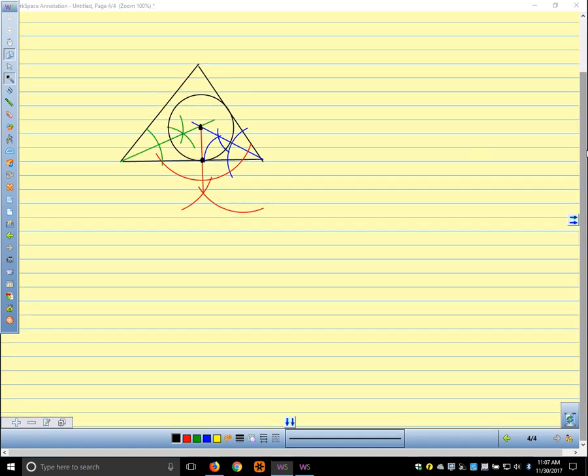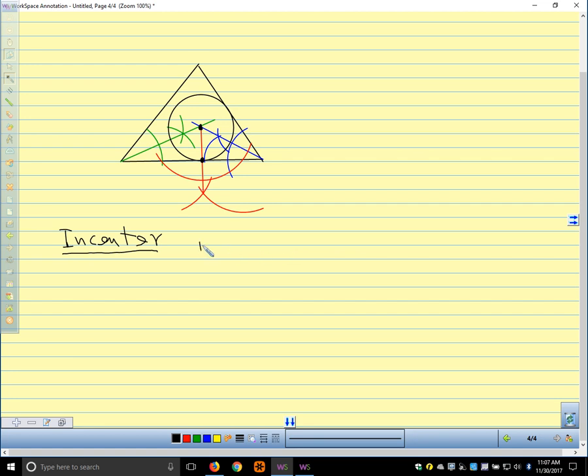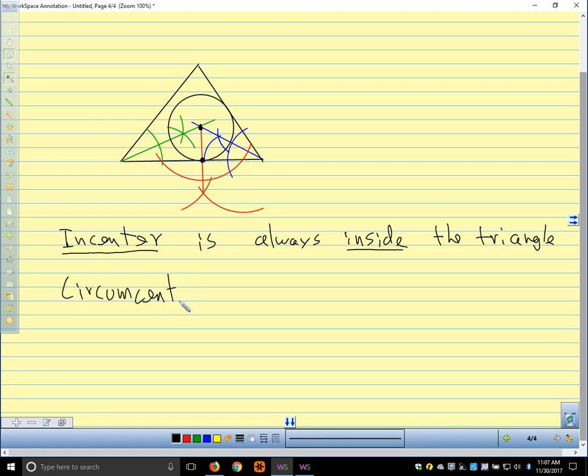All right, questions? The incenter is always inside the triangle. The circumcenter can be in 3 different places.